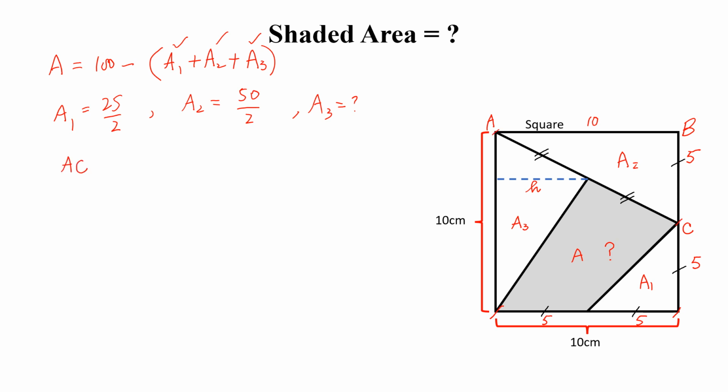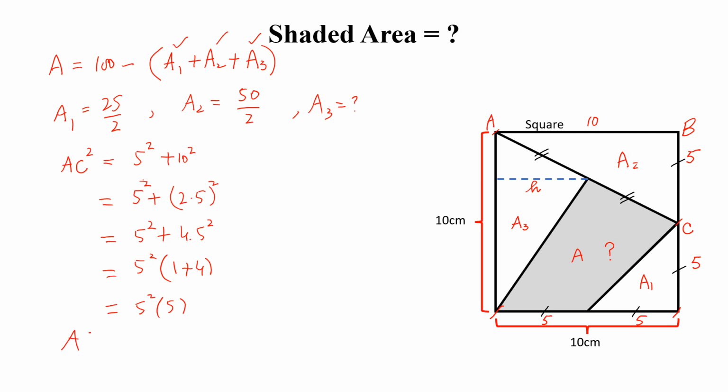So AC square by Pythagoras theorem equal to 5 square plus 10 square, and we can write this as 5 square plus 2 into 5 whole square, and 5 square plus 4 into 5 square, and this is, take 5 square common, 1 plus 4, so 5 square into 5, and AC is equal to 5 square root of 5.